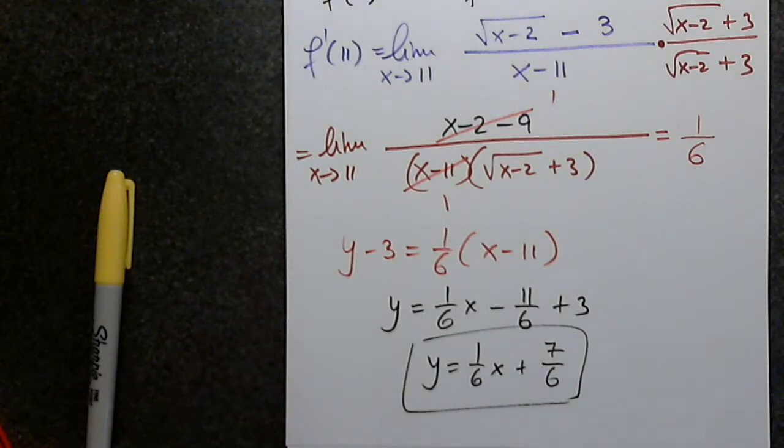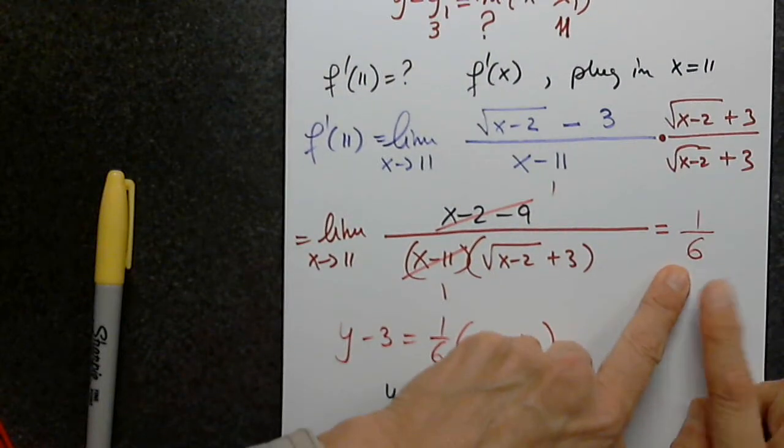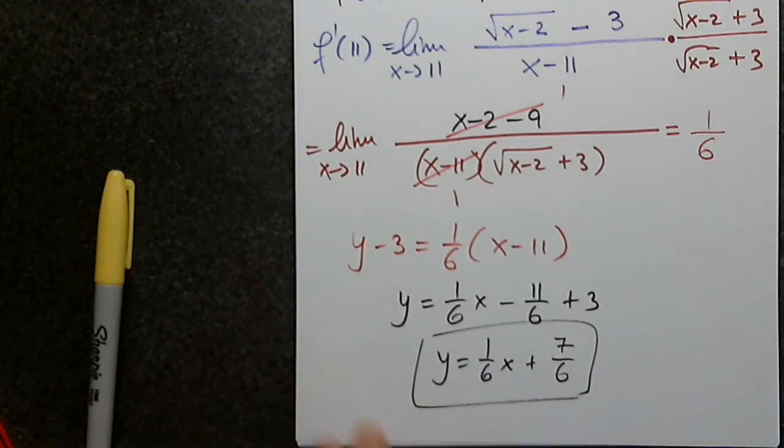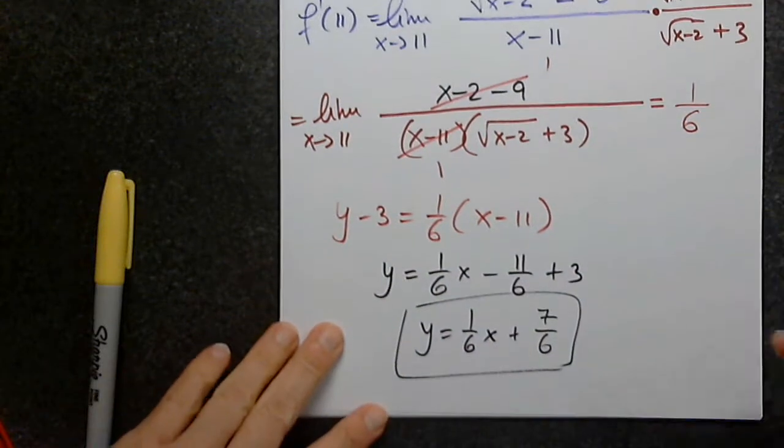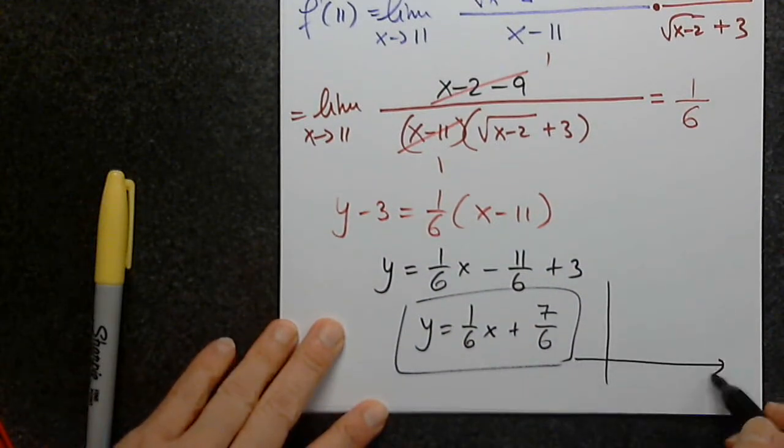Can anyone tell us again what this represents? The equation. It's more than just the slope. This is the equation of the tangent line to the graph of y at which point? Correct. So in other words, I'm going to just come up with a rough graph.